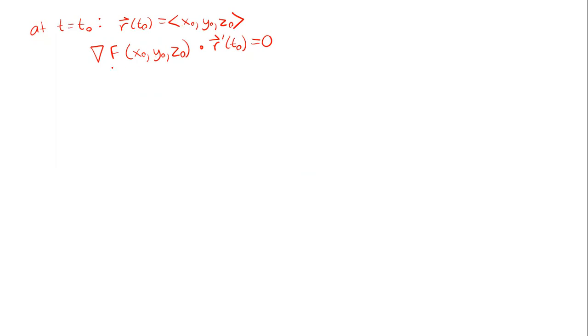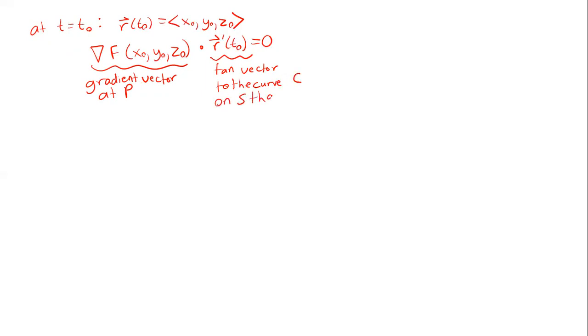And so what this says is that the gradient vector at P, and this tangent vector to the curve C on S that passes through P, when you dot these two, they equal 0.